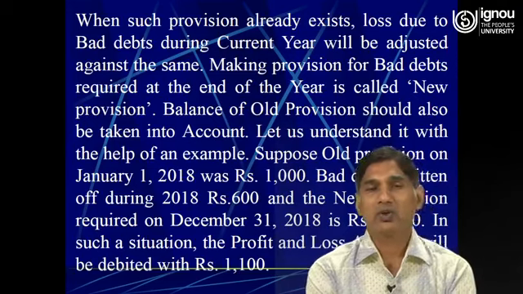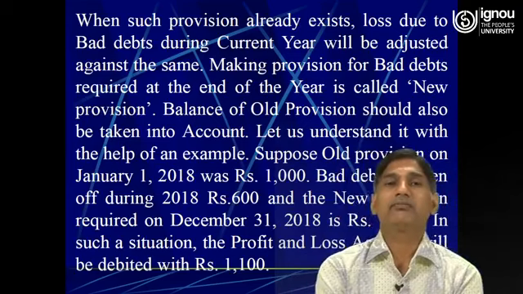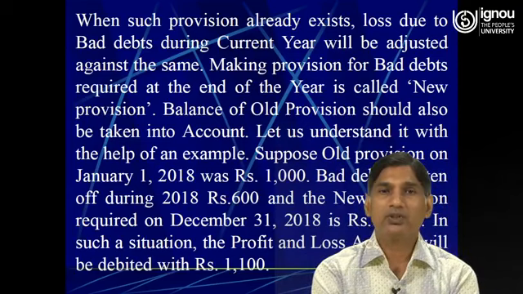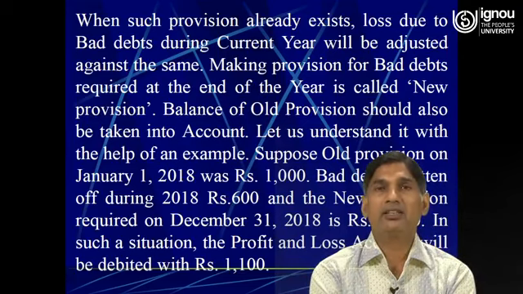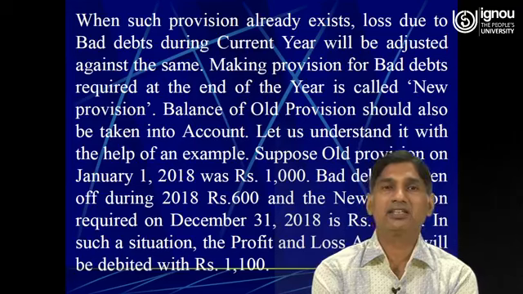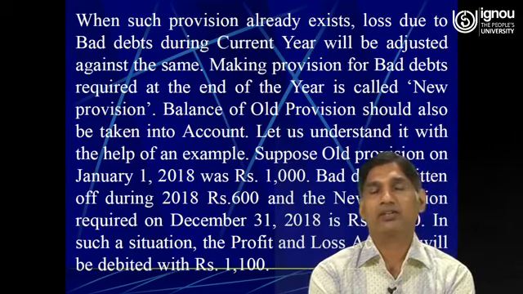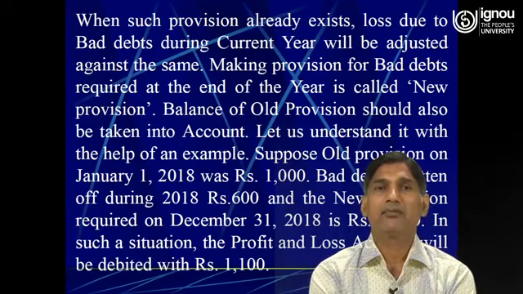The amount of bad debts in the trial balance is not given, so it is 0, plus further bad debts of 600, which has been provided outside the trial balance, plus new provision of 1500.